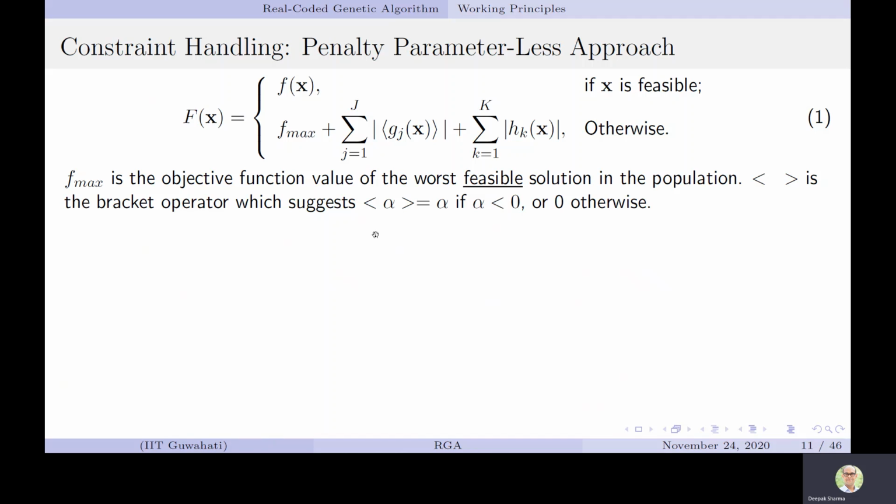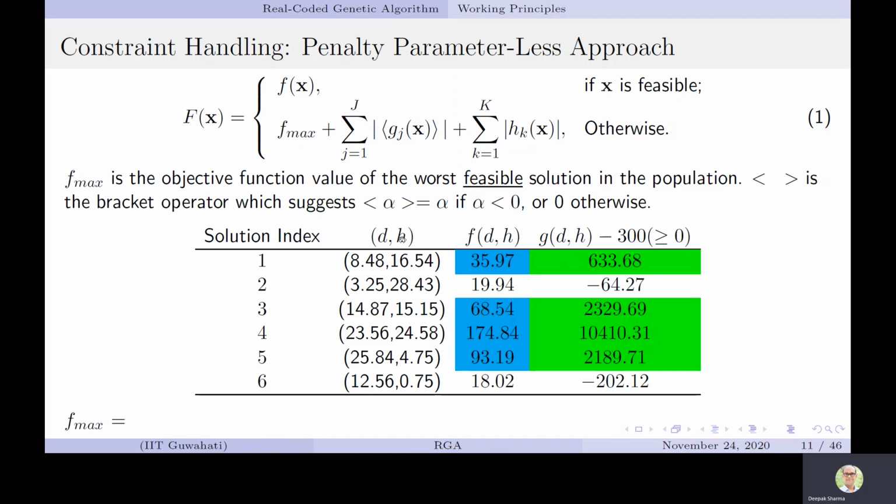The bracket operator is known to us. Now this is the population, the 6 members we started with. We have diameter and height randomly created. We calculated the function value in the third column and the constraint in the last column. Looking at the value of the constraint, we can see solutions 2 and 6 are infeasible, and solutions 1, 3, 4 and 5 are feasible.